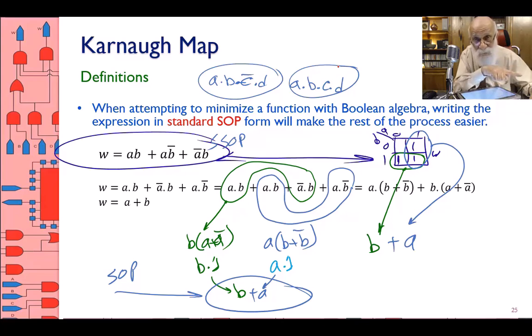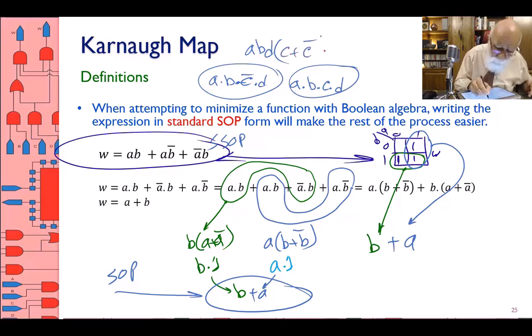C in one is C, in the other one is C bar. Without really thinking much about it, I know that if I just take A, B, D, and then write C OR C bar, I can combine these two into one product term, dropping C.